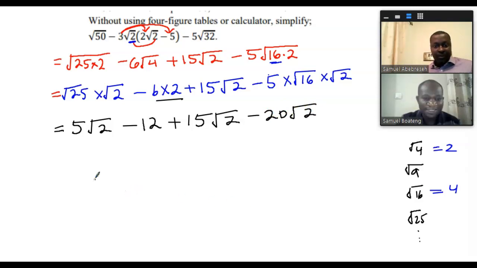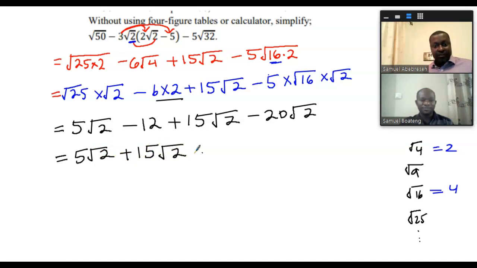Let's group all the terms containing the surd root 2. Equal to, so 5 root 2 plus 15 root 2 minus 20 root 2 minus 12.